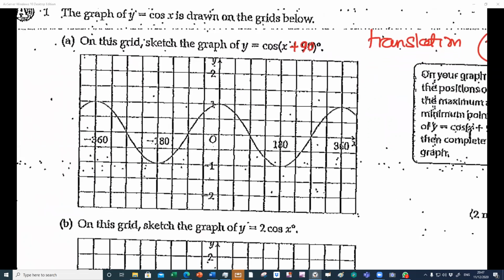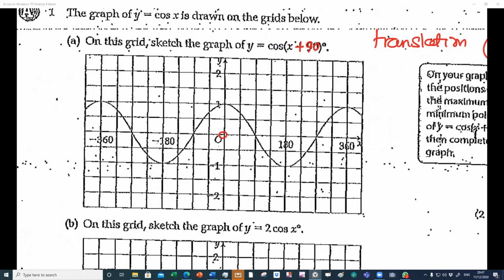Now remember 90 degrees, so here's 0 and here's 90, that's 180, 270, 360. So, okay, we need to move the graph back by 90 degrees. 90 degrees is worth 2 squares. So that's one thing you have to establish in the exam. What is the 90 degrees on the graph? How many squares?